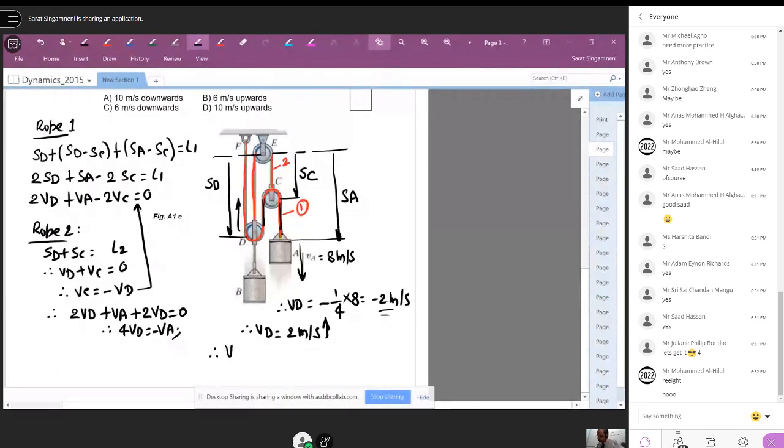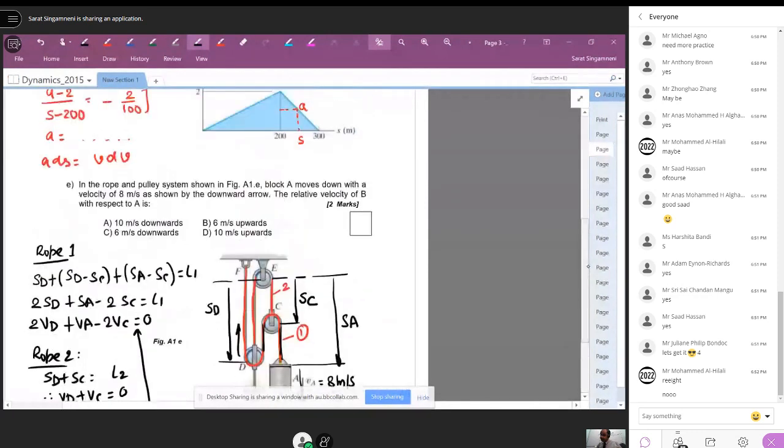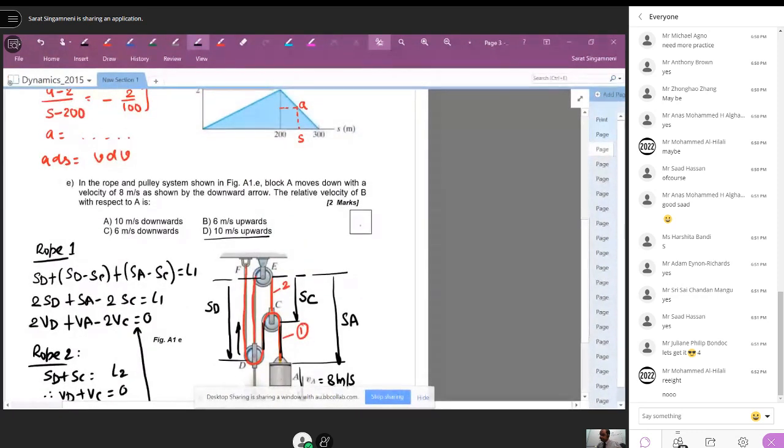Therefore, velocity of D with reference to A equal to 10 meter per second upwards. So our answer is this one, D.